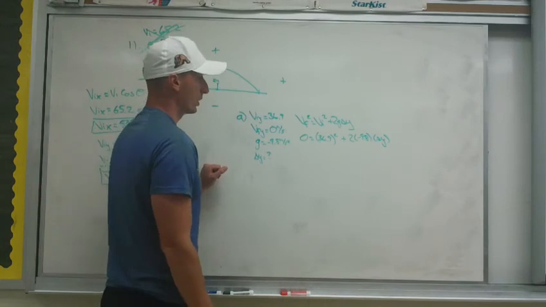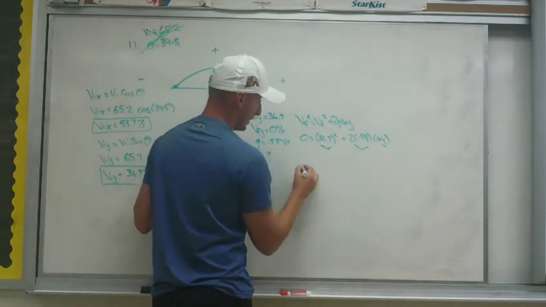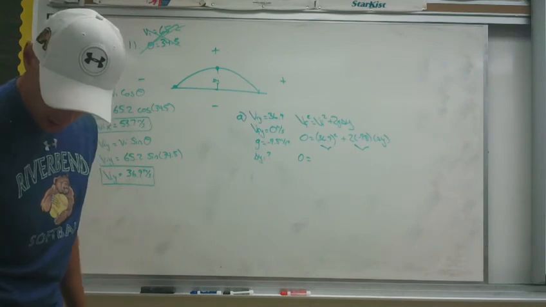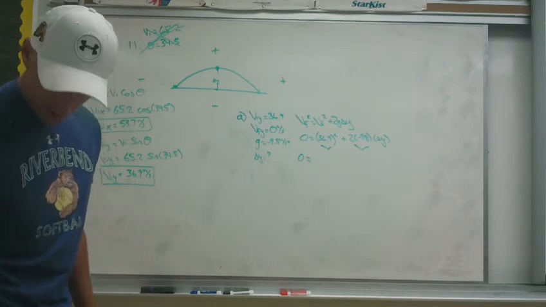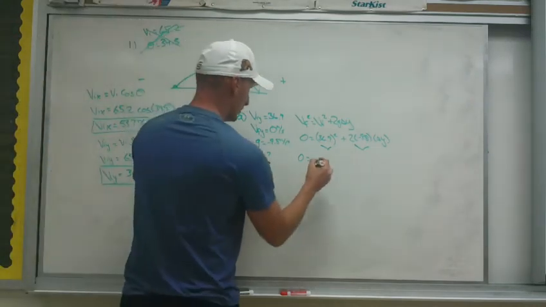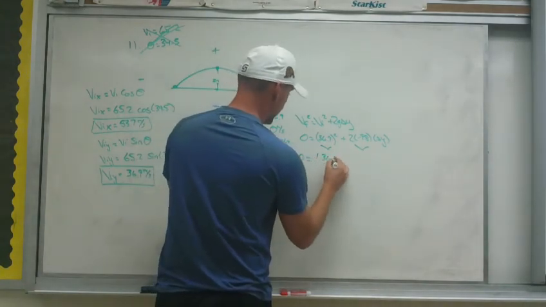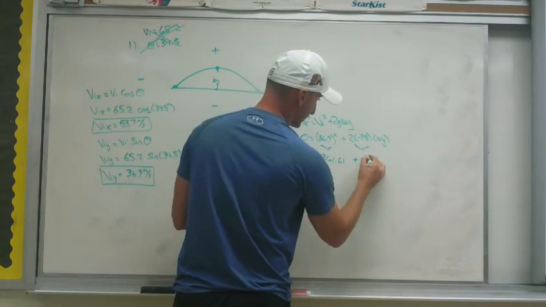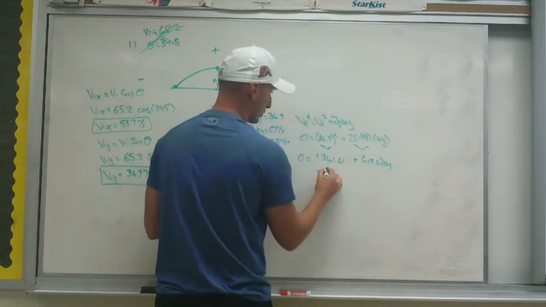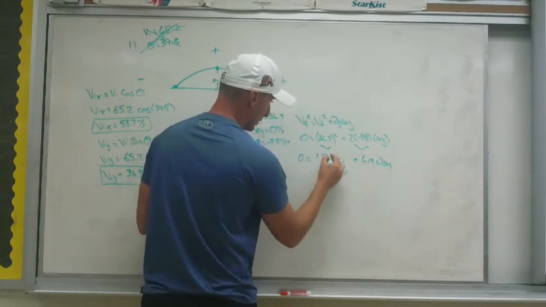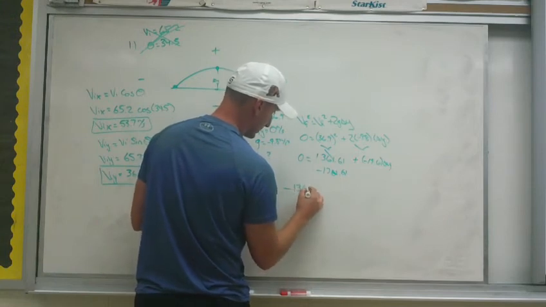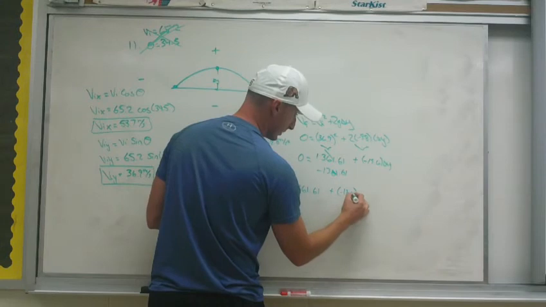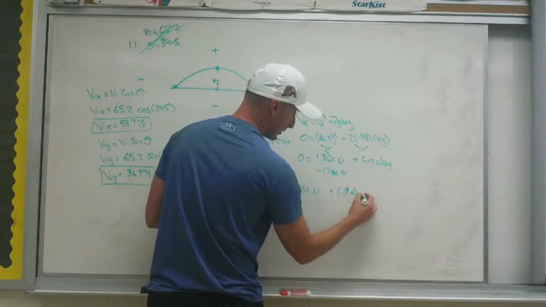Alright, solve. I'll simplify. So 0 equals 36.9 squared, which gives me 1,361.61, plus negative 19.6 delta y. I subtract, that cancels out. I get negative 1361.61 equals negative 19.6 delta y.